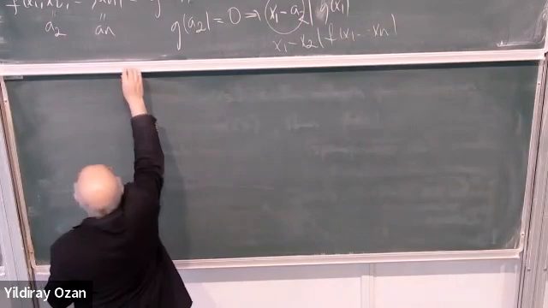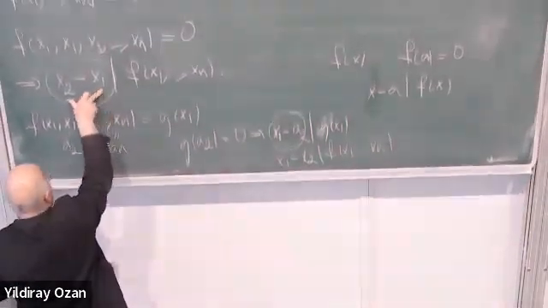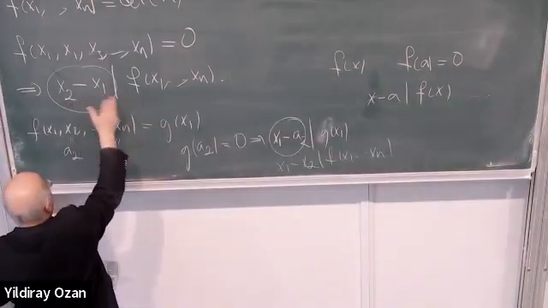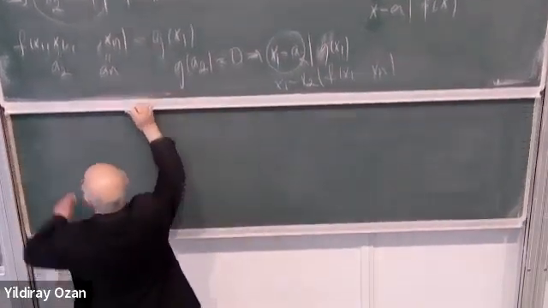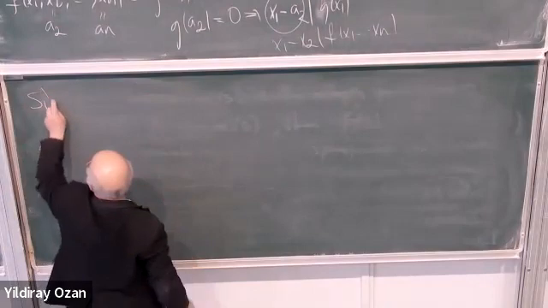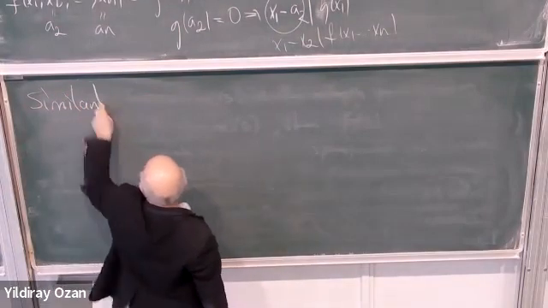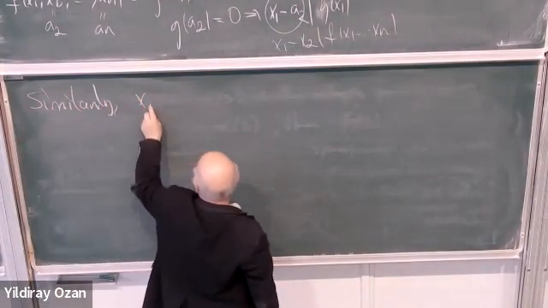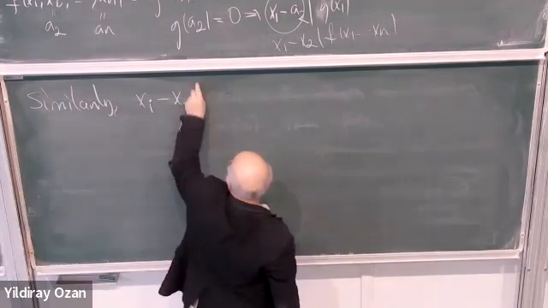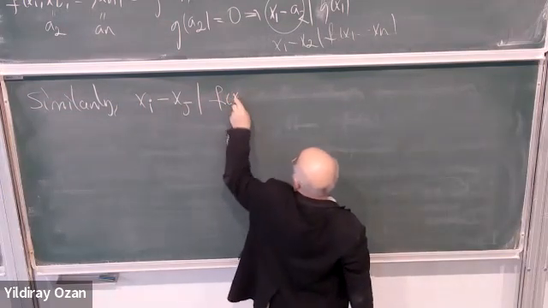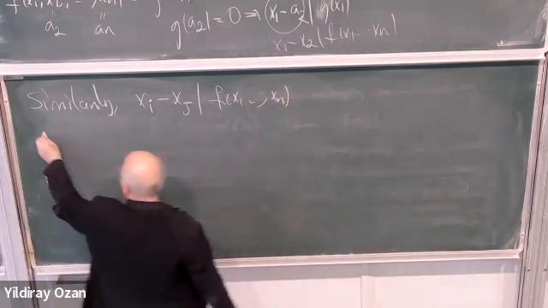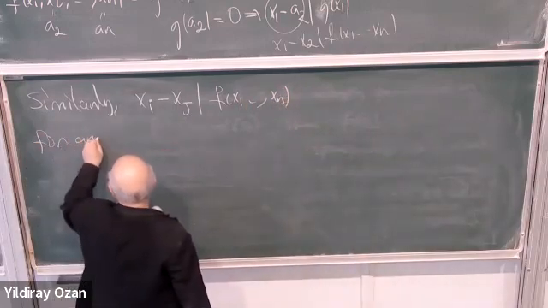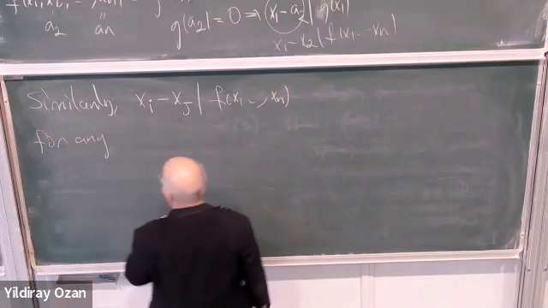But then what do we know? Well, this is not true just for x1 and x2. It is true for all the variables. Similarly, xi minus xj divides f of x1 up to xn for any i and j different.